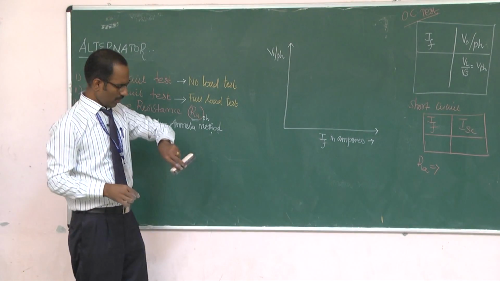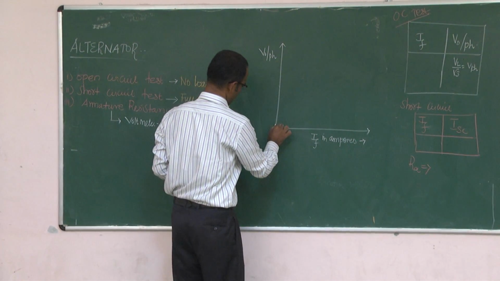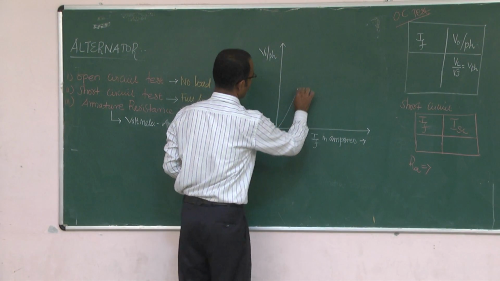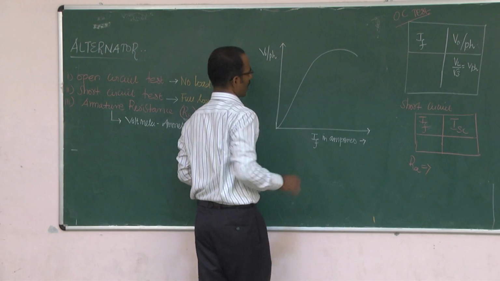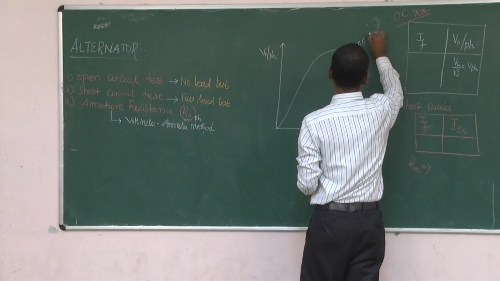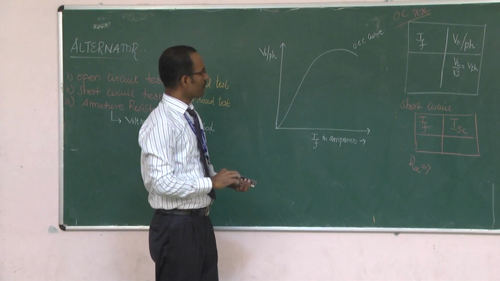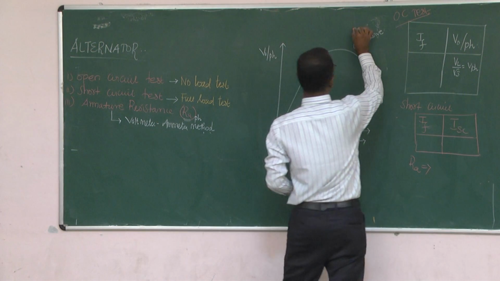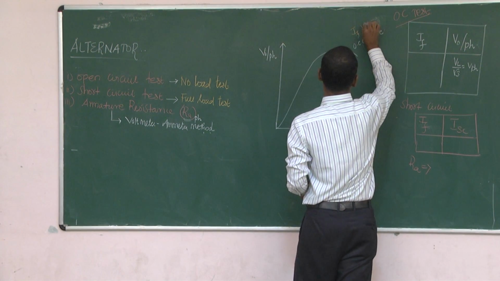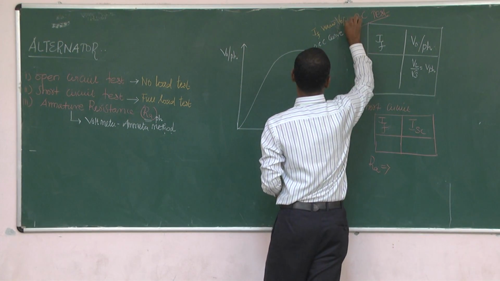We will draw the graph between the x-axis and the y-axis. It is nothing but the OCC curve, the open circuit characteristic curve. This curve is drawn between the field current versus the open circuit voltage per phase.